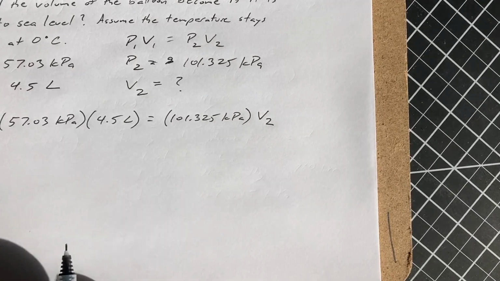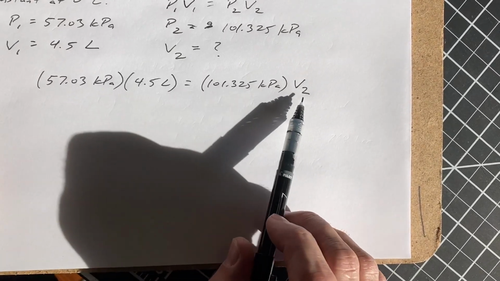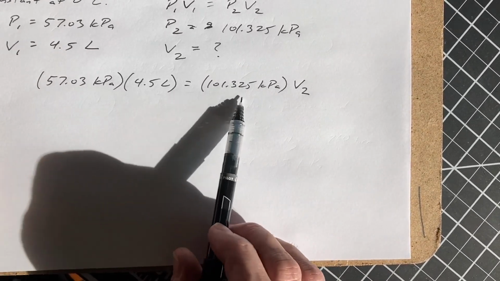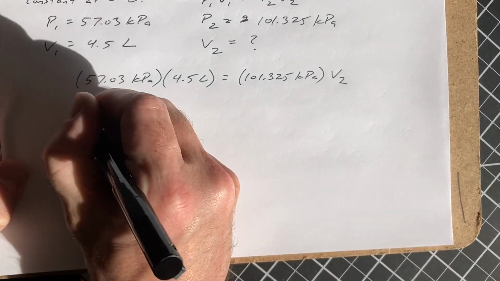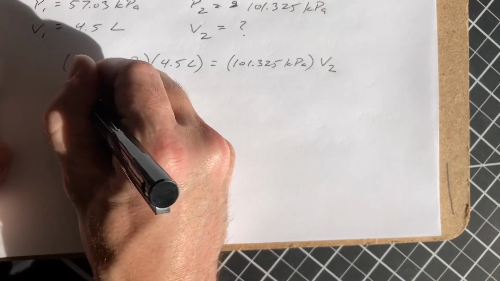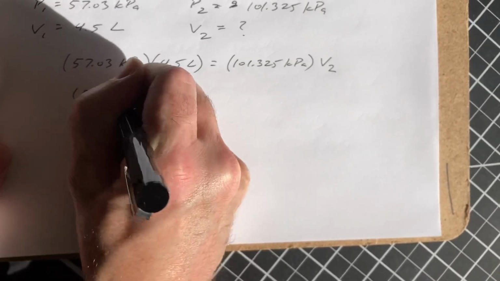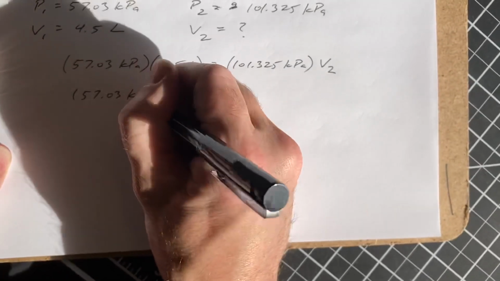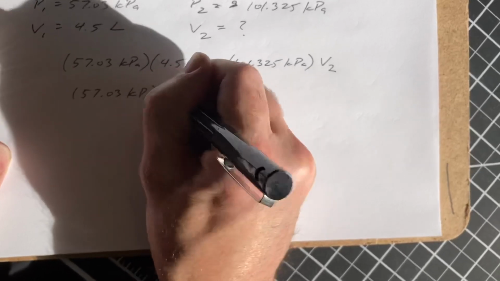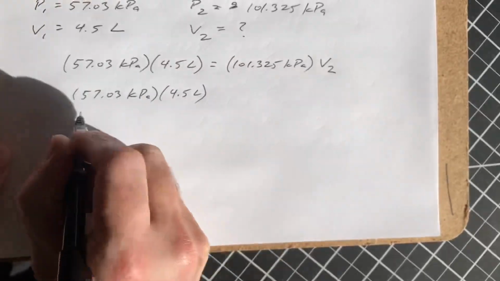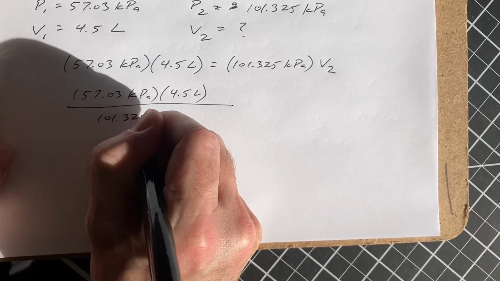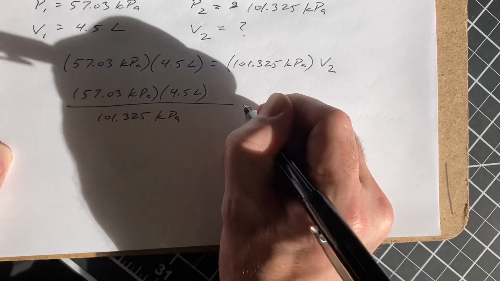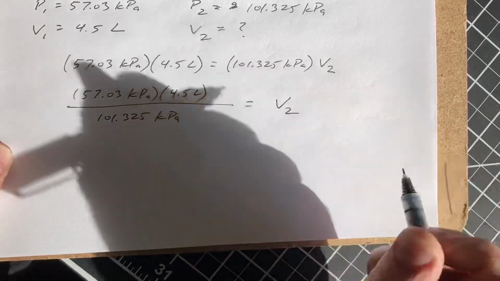All right, do a little bit of algebra here. We want to solve for V2, so we should divide each side by 101.325 kPa. I'll go ahead and write this out long form: 57.03 kPa times 4.5 liters divided by 101.325 kPa equals our V2.